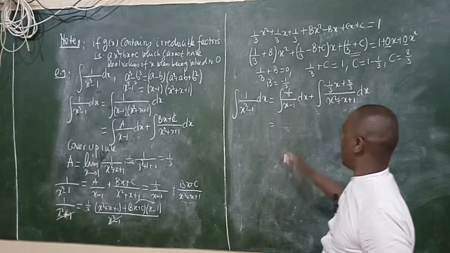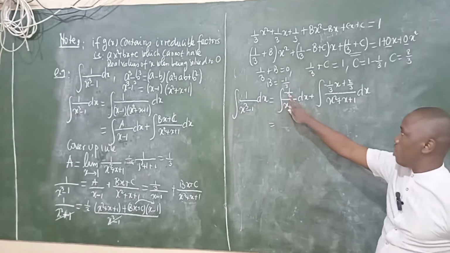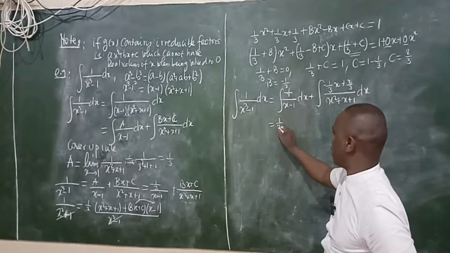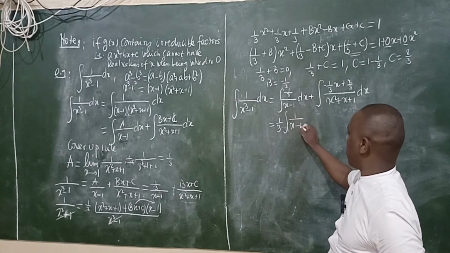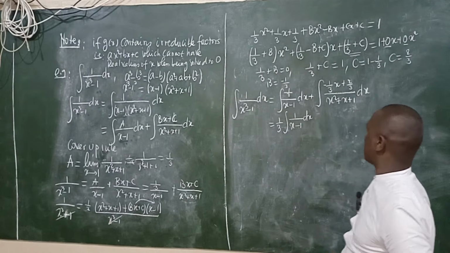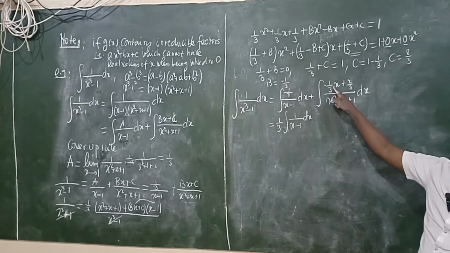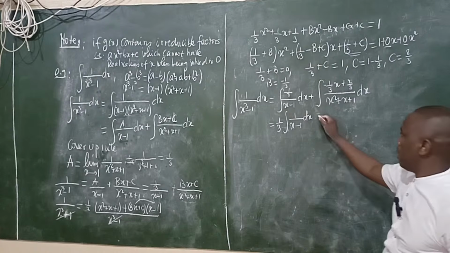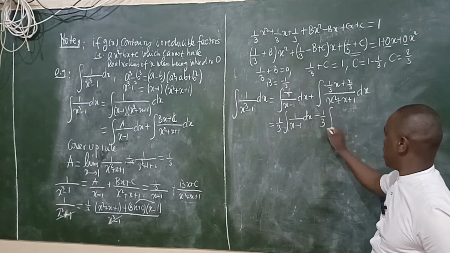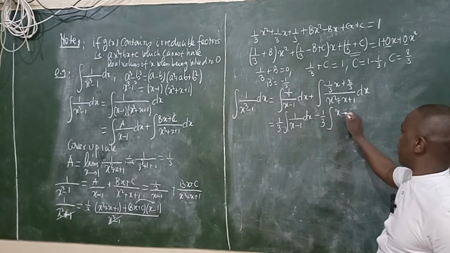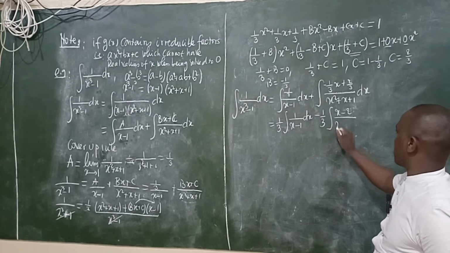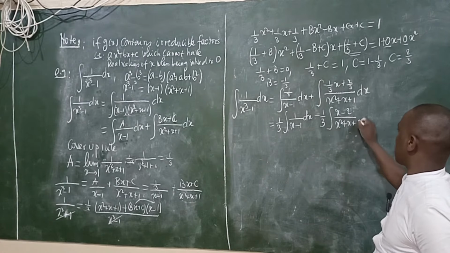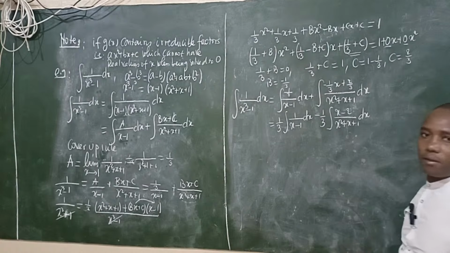I need to take 1 over 3 out of the integral sign to stay with the integral of the reciprocal of x minus 1 dx. And here, let me take minus 1 over 3 out. Minus 1 over 3 times the integral of x minus 2 divided by x square plus x plus 1 dx.